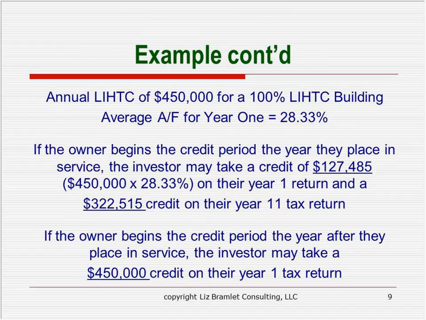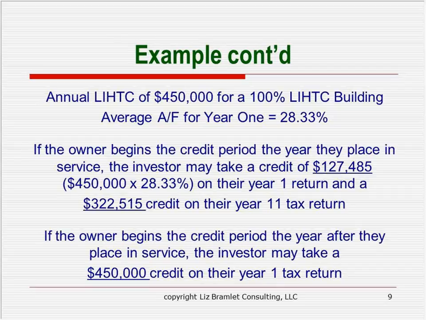So back to our building example, we said this building will produce an annual credit of $450,000, and the average applicable fraction for year one was 28.33%. We said if the owner goes ahead and starts the credit period the year they place into service, the investors will get to take $127,485 credit on their year one tax return, and have to leave a little over $300,000 as a credit to take on their year 11 tax return.